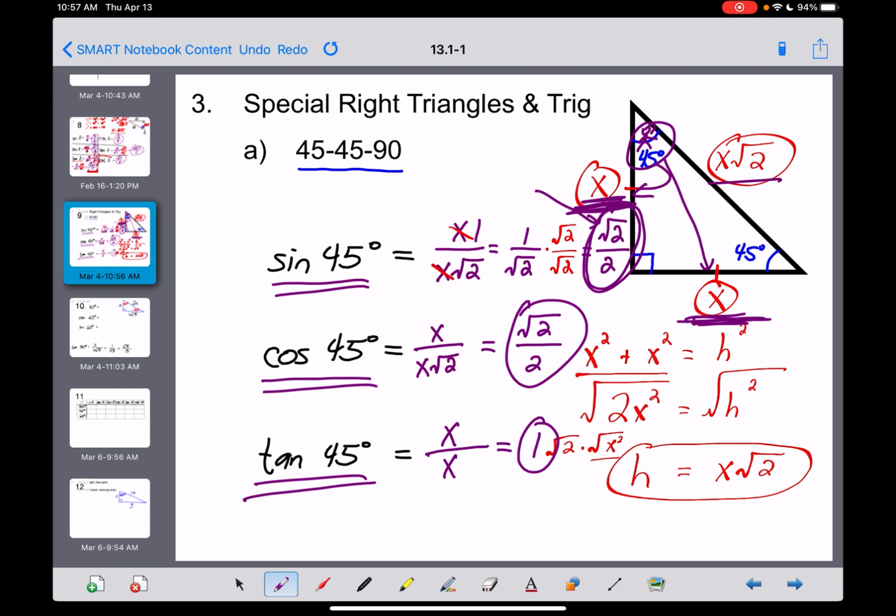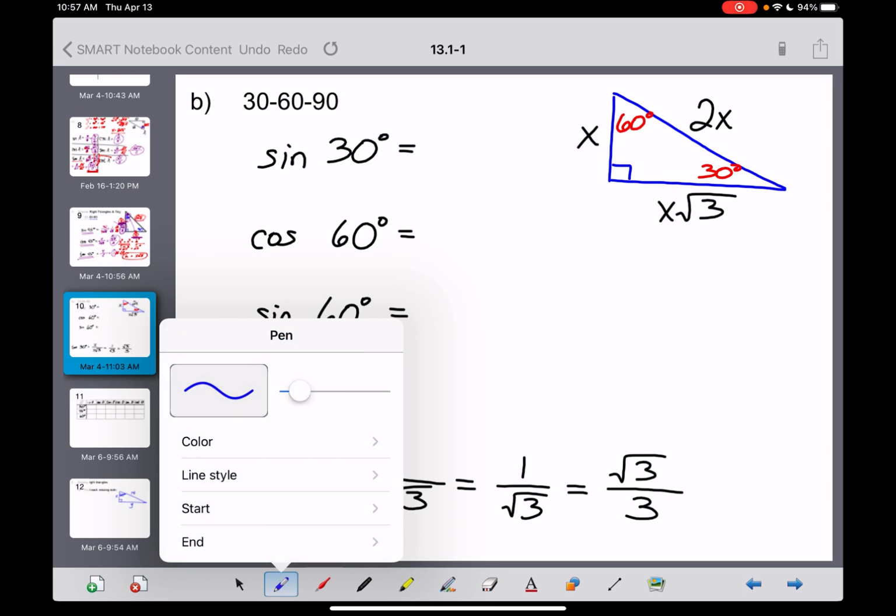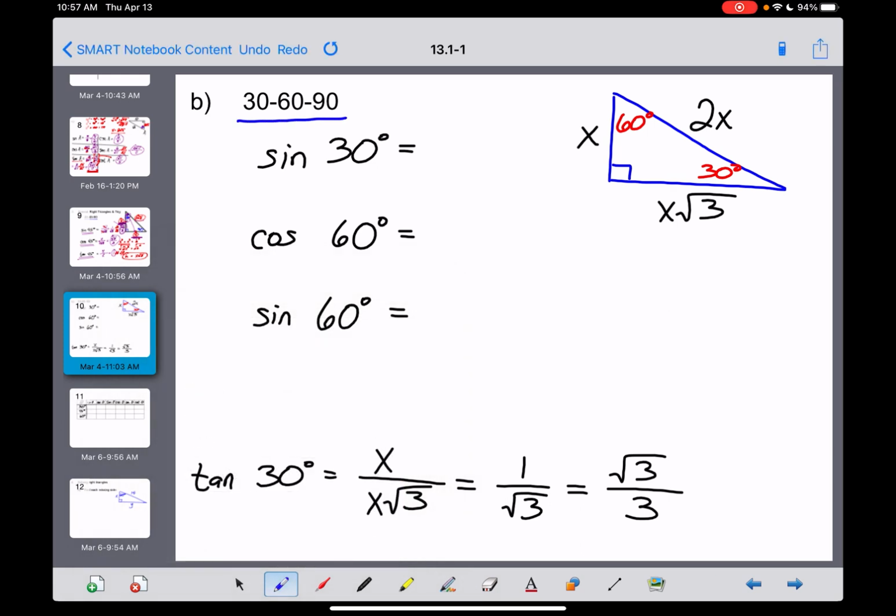Okay, we're going to do that same thing again now, everybody, except this time we're going to work on the second type of special right triangle, which is a 30-60-90. And that pattern I have drawn for you already over here on the side. In a 30-60-90, again, it's named as such because of its angle measures. A 30-degree angle right here, a 60-degree angle here, and then, of course, a 90-degree angle, which makes it a right triangle.